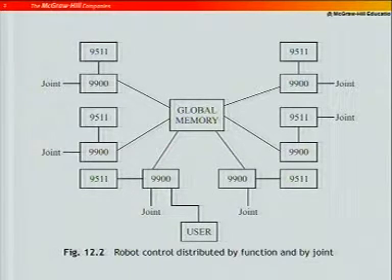Yeah. So, distribution by function here. Maybe this 9900 is for handling all these joint informations, and its computation should be done by, so 9900 to 9511, whatever processors I have, each indicates a microprocessor.